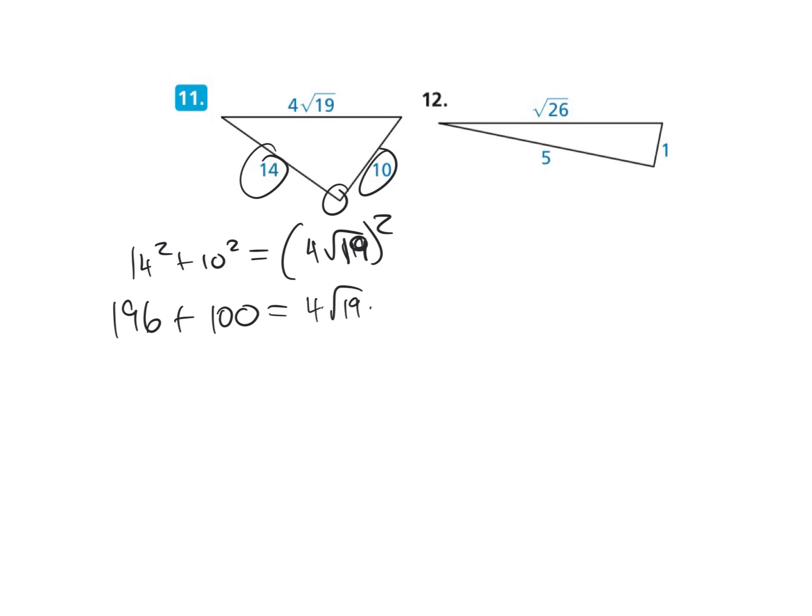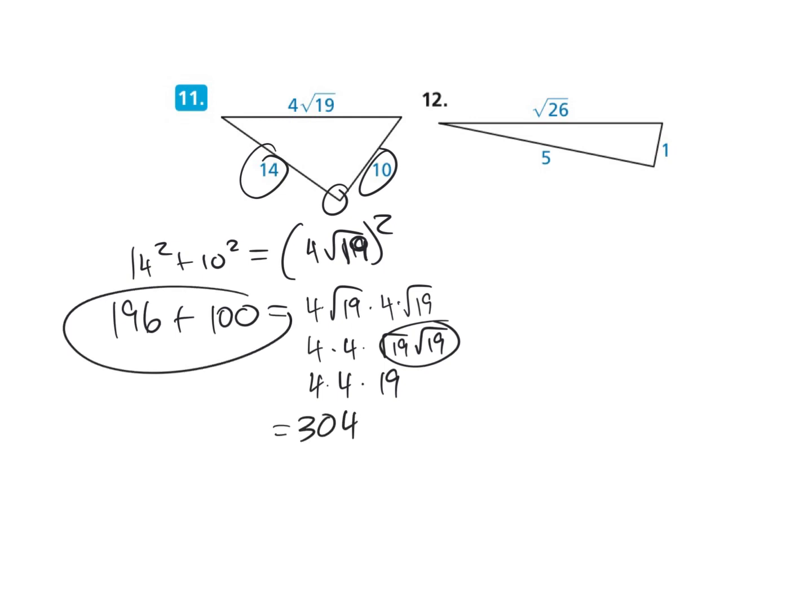So 4 times the square root of 19 times 4 times the square root of 19. So let me rearrange it. So you have 2 square root of 19. So there's your pair. So that's 4 times 4 times 19, which is 304. And 196 and 100 is 296. So no, that doesn't make a right triangle.